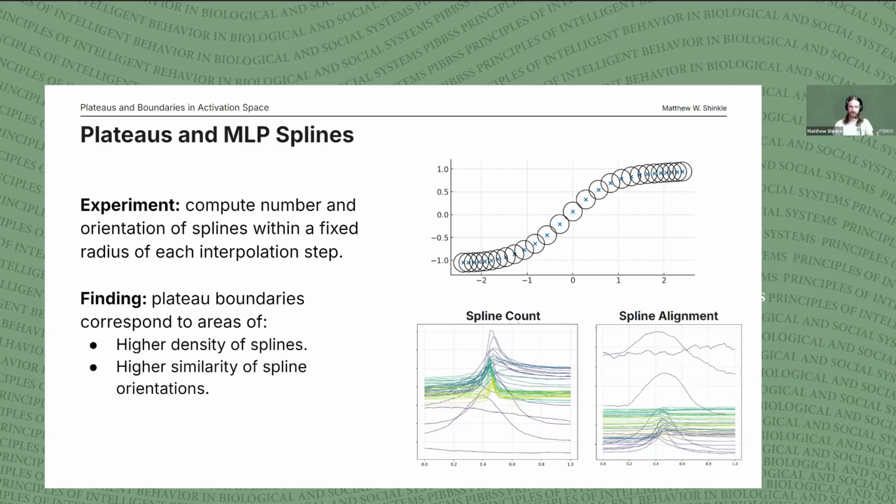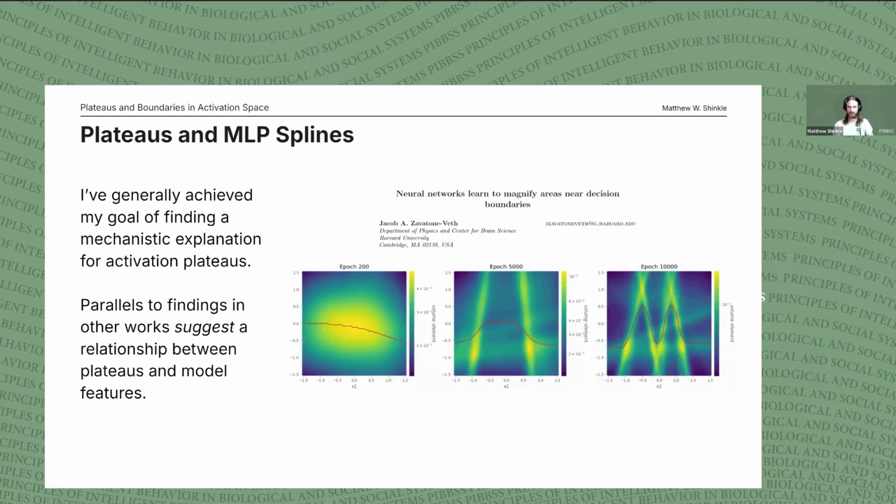Note that these are both what we would expect from the studies I just mentioned, specifically if plateau boundaries correspond to some sort of decision boundary or semantic distinction in LLMs like they do in classification models. Just as another example of these results connecting to other research areas, here's a work from 2023 showing that classification models learn to magnify space around decision boundaries as measured via properties of the activation Jacobian, pretty similar to the Jacobian analysis that I just did.